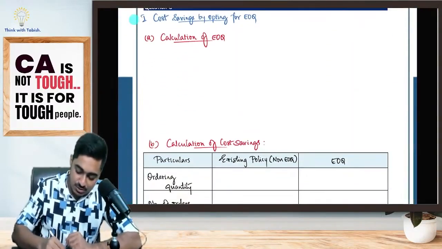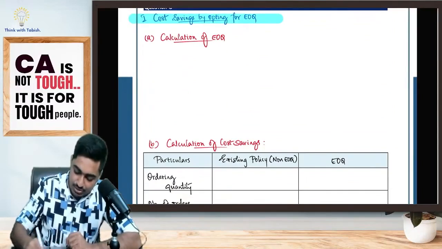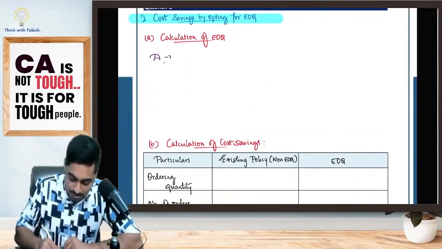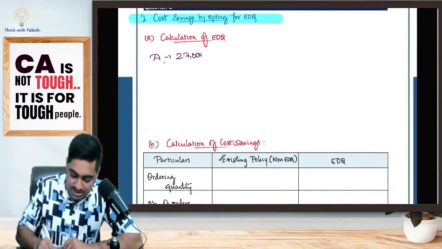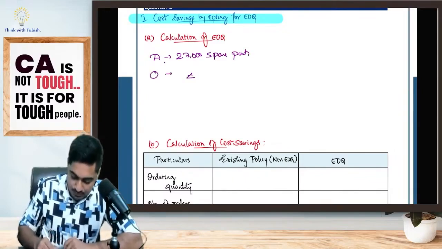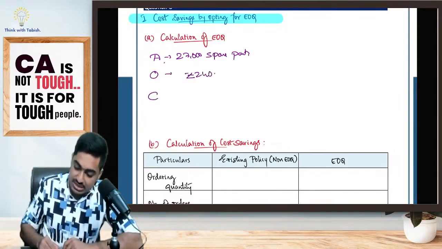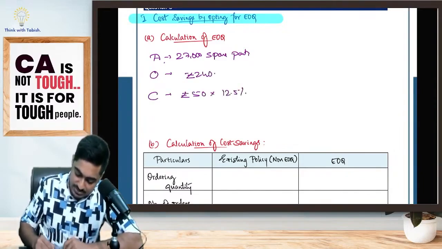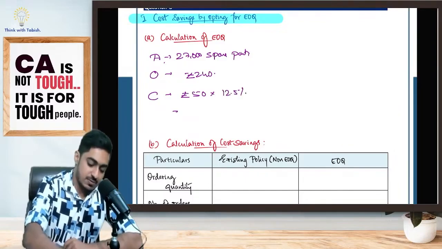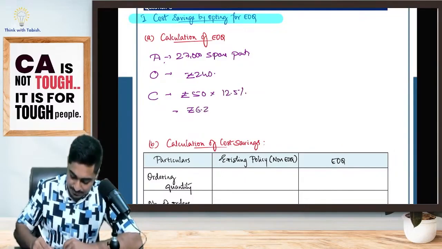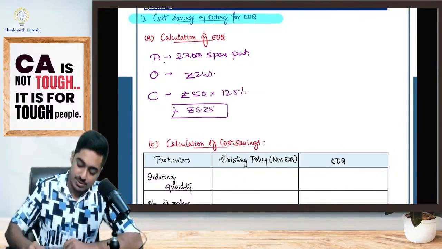Cost savings by going for EOQ. Let us calculate EOQ. Tell me A: what is the annual demand in a year? 27,000 spare parts are needed. O, ordering cost per order, is 240 rupees. Carrying cost: every unit I'm buying at 50 rupees, 12.5% I have to incur. 50 into 12.5% is 6.25 per unit per annum.